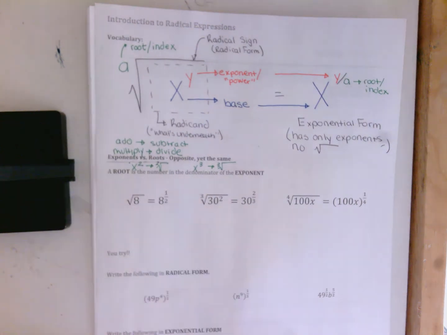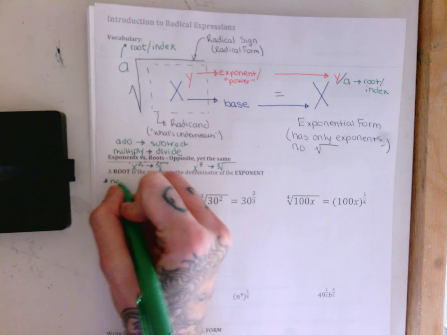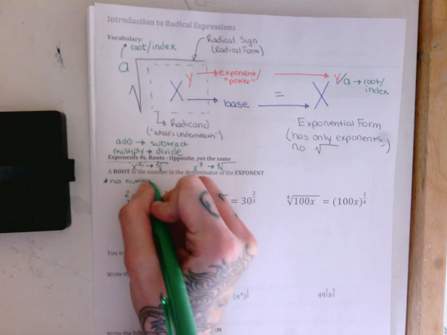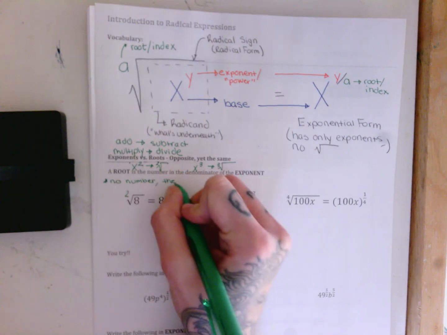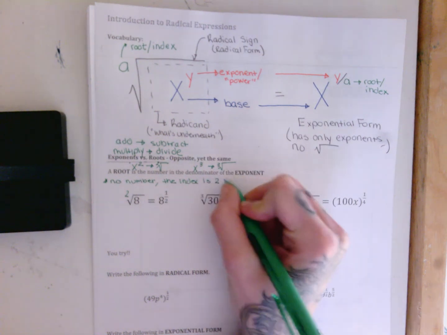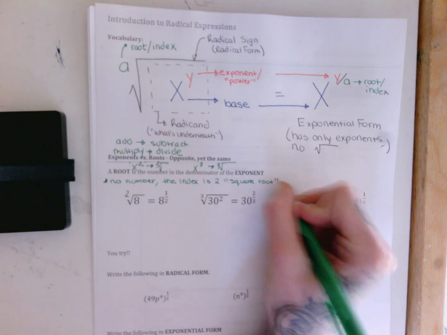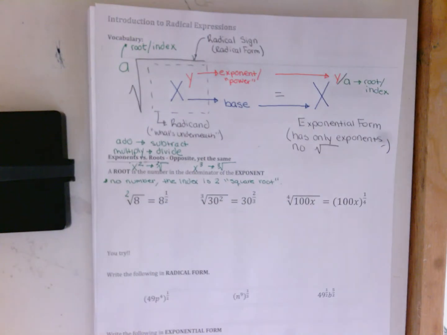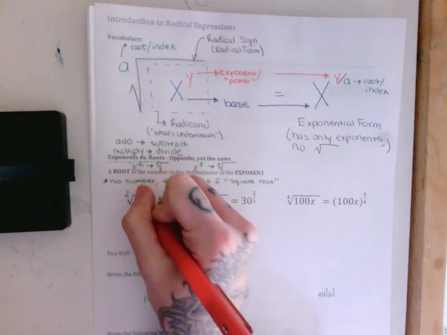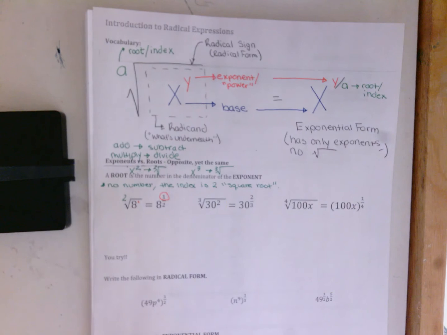So if there is no number here for the index, no number, the index is 2. Meaning square root. Okay, so here I could say the exponent or power is 1 and the root or index is 2.